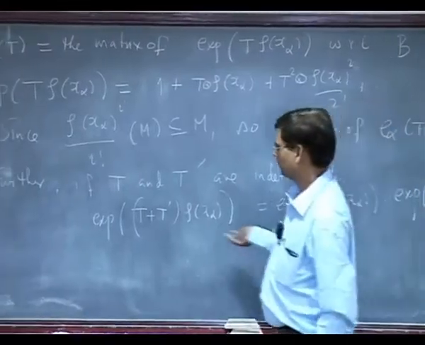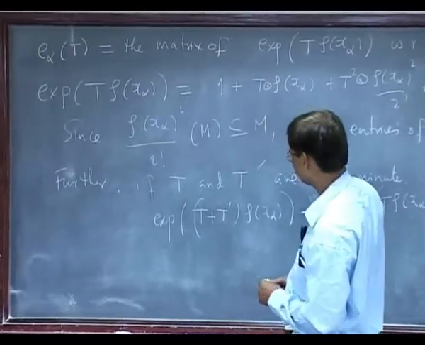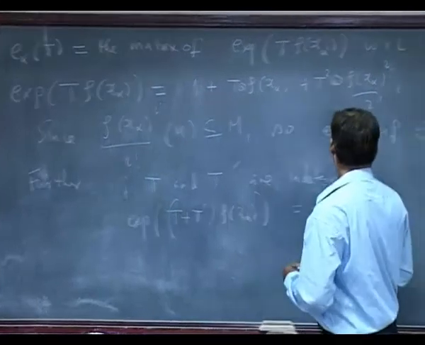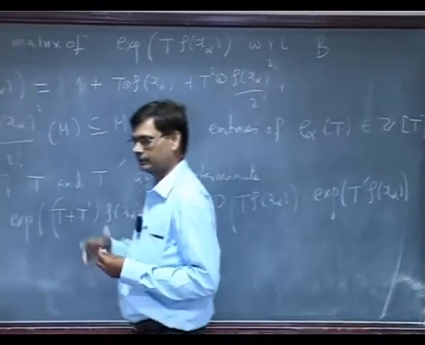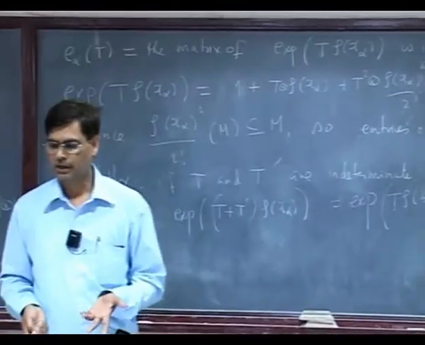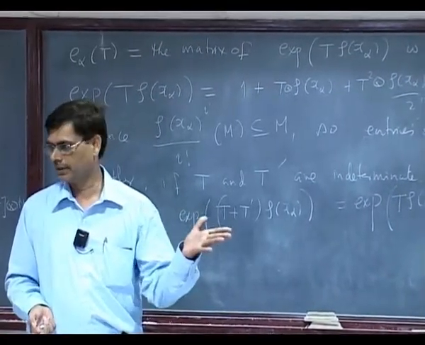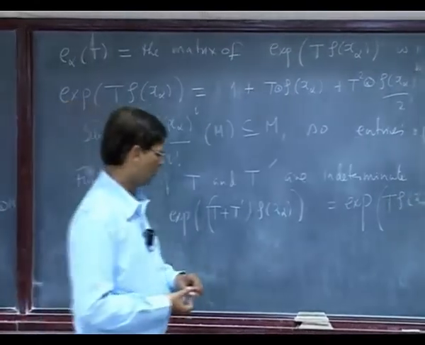Okay. So, now since the entry is going to be a polynomial in T with integral coefficients, the indeterminate can be specialized to an element of the field to give an entry inside the field. Okay.